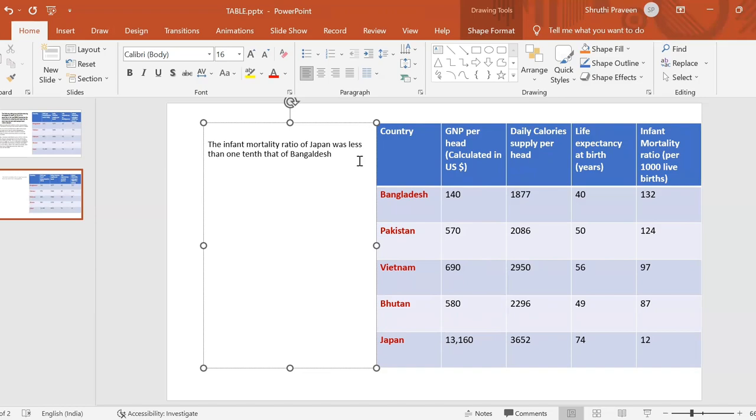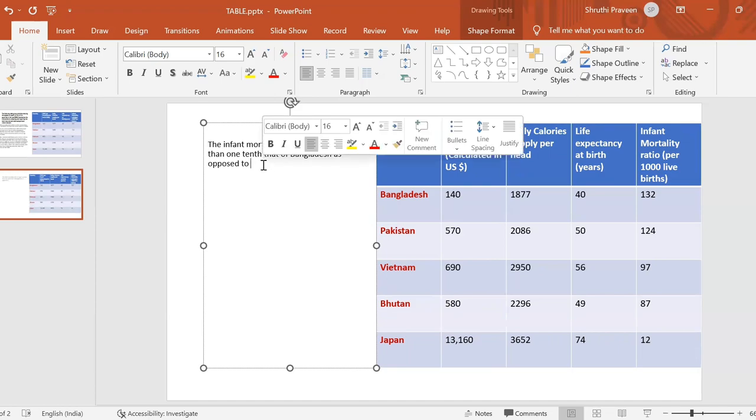So here, you can put a connector like "as opposed to" or "in contrast to". These are the connectors you can use while connecting opposite or contrasting data. Bangladesh as opposed to that of Japan.